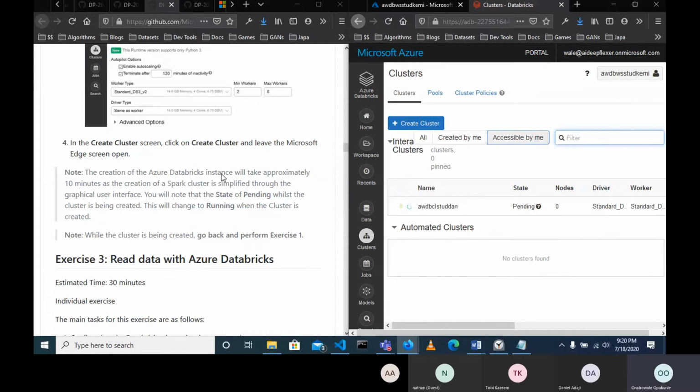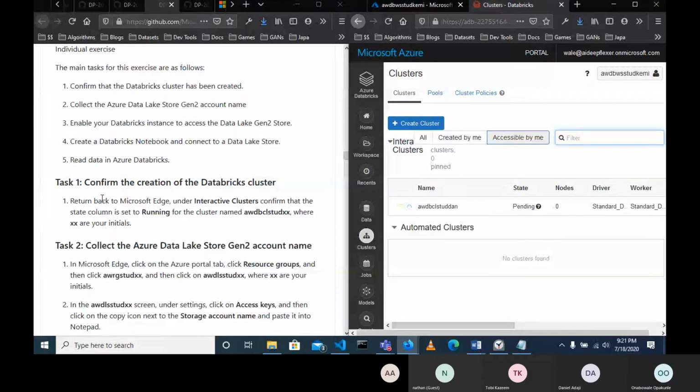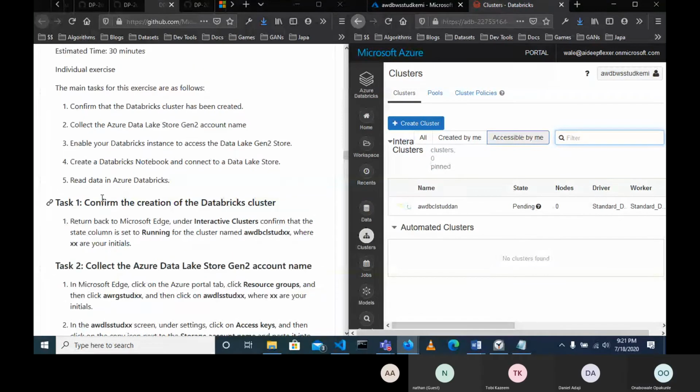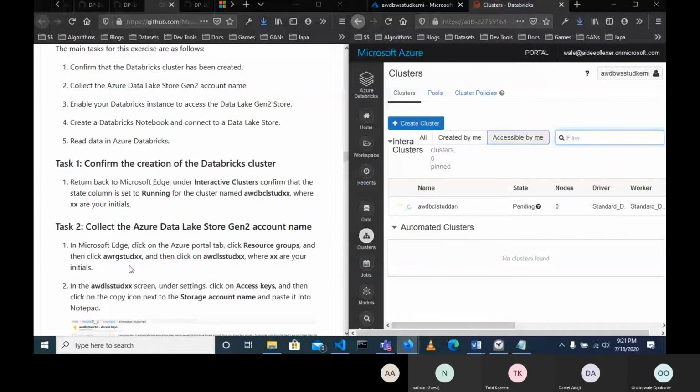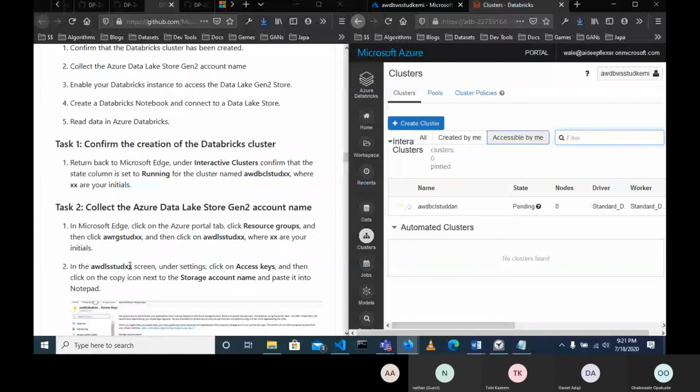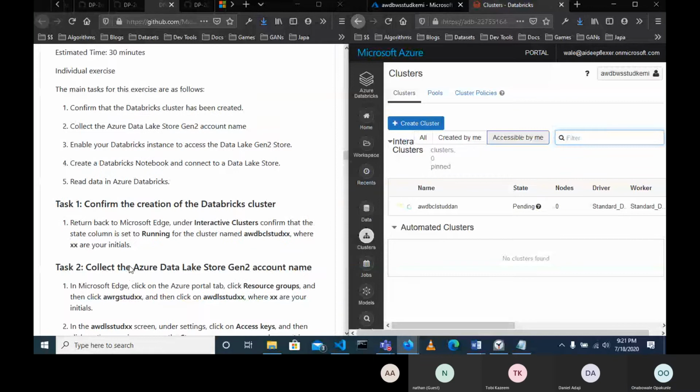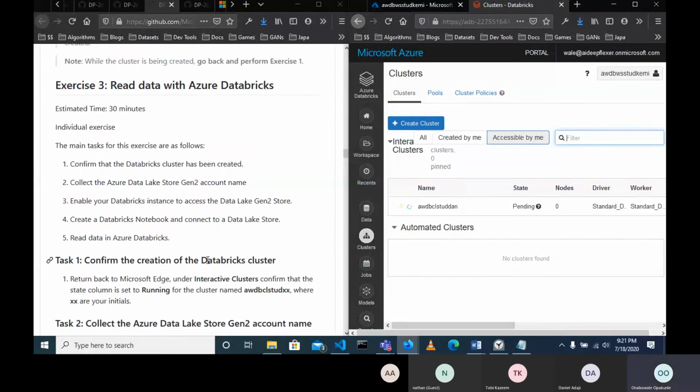Okay, so what do we do now? Should we just sit? This is going to take about 10 minutes to provision.